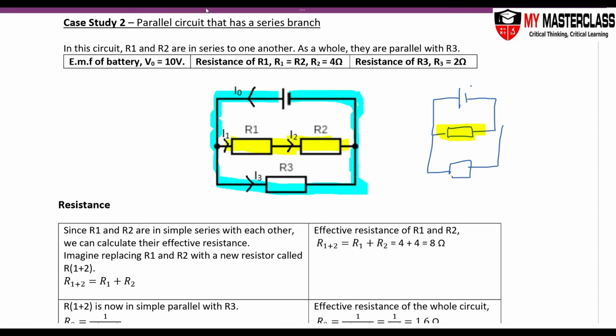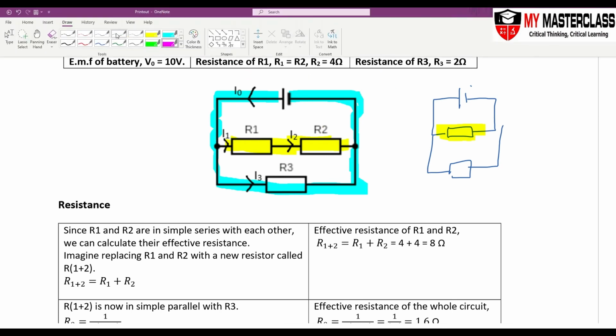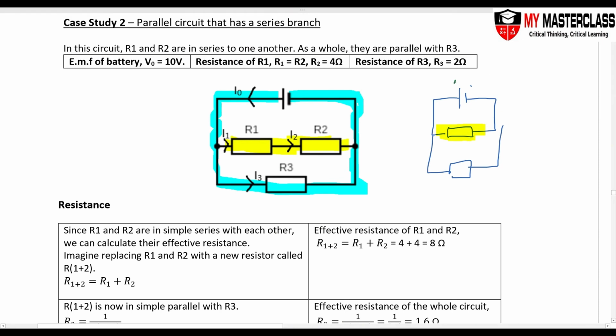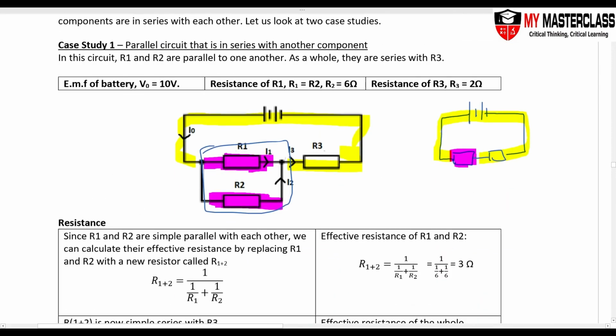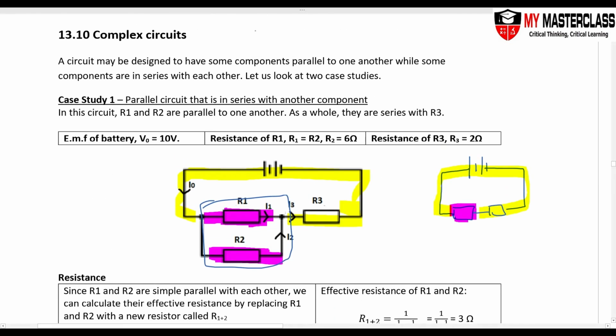So why do we need to do this? It's because given a parallel circuit, we know that the potential difference is going to be equal to the EMF. So the potential difference across this branch is going to be equal to the EMF. So to do your relevant calculations, it's easier to look at it like this. And same thing as before, in a series circuit, the current is the same.